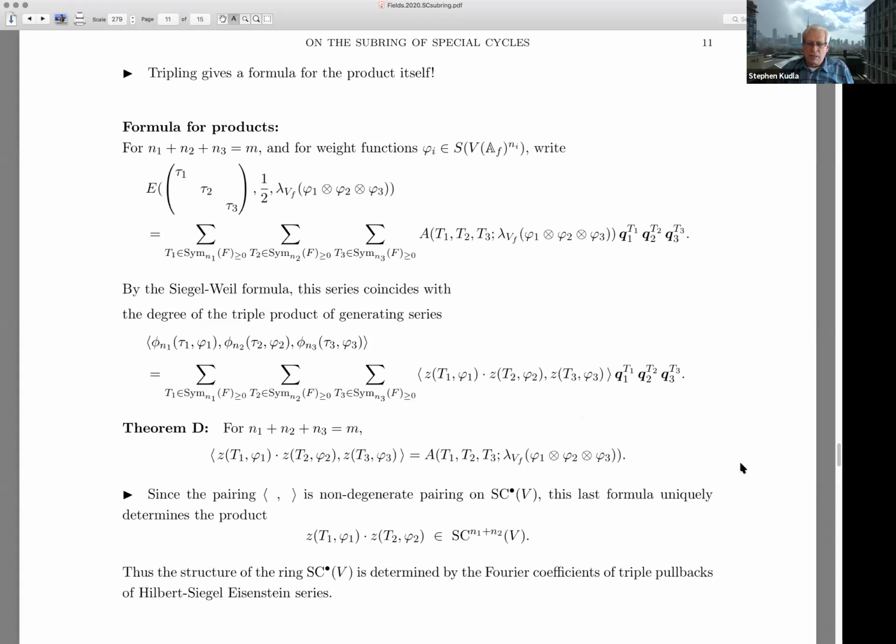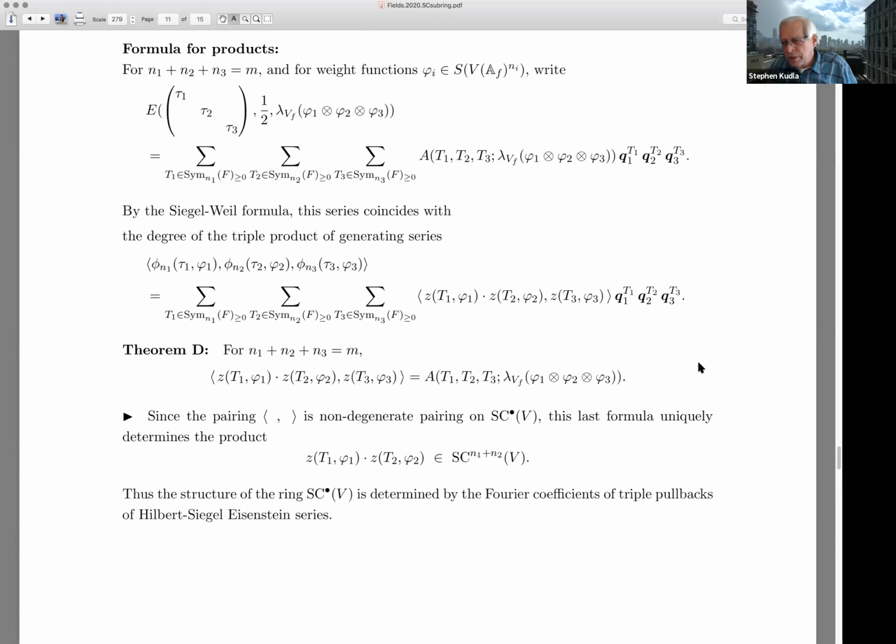But you see, the inner product on this reduced ring of special cycles is non-degenerate. And so as soon as you know the inner product of some class with all of these classes in complementary degrees, you know it, because it's in the reduced ring. Therefore this product class is determined by these numbers, because now I'm running over all complementary cycles in the special cycle ring.